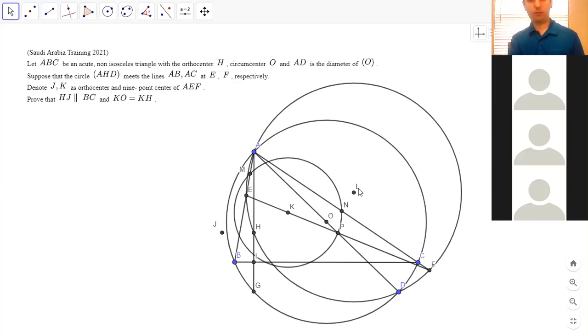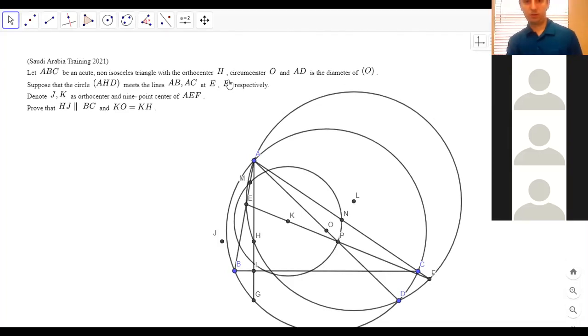So yeah, if we reflect L over AF to a point L prime, then LL prime equals JE. Okay, so to prove AO bisects EF, it suffices to show that AEHF is harmonic. Interesting.